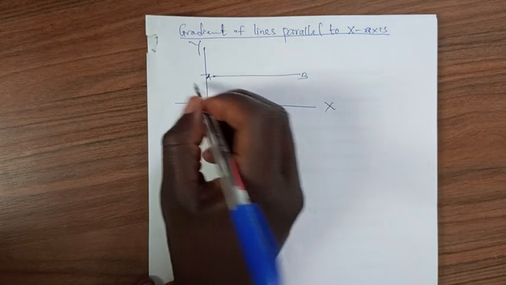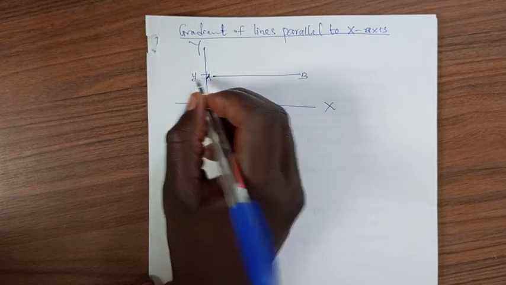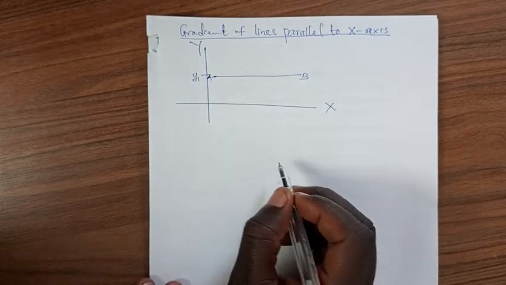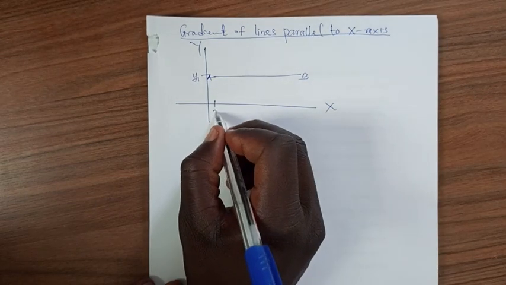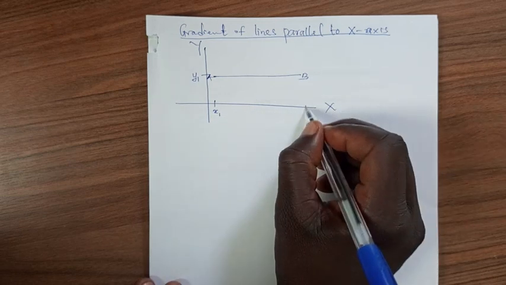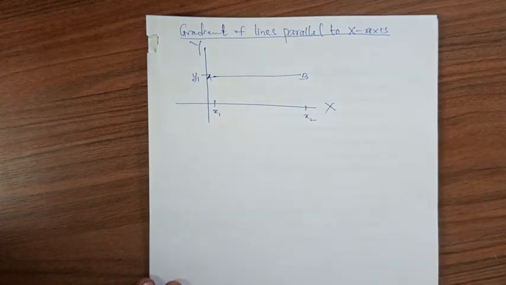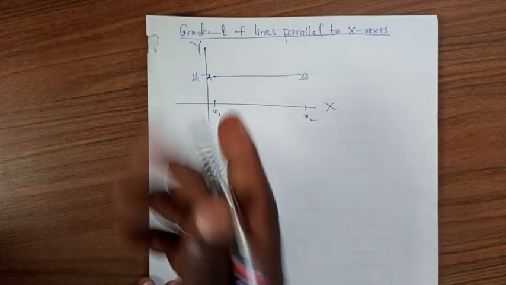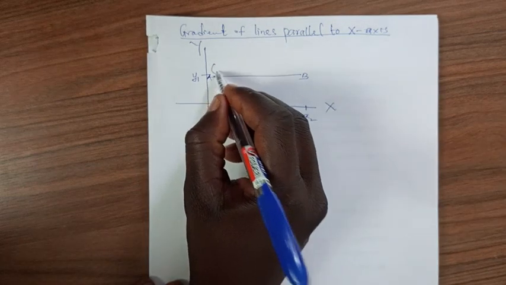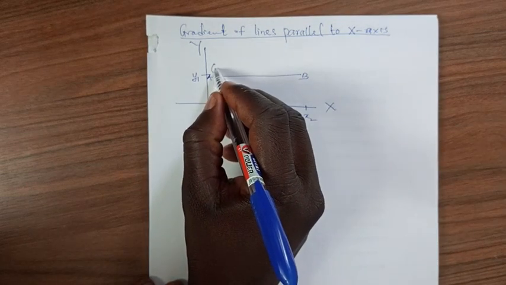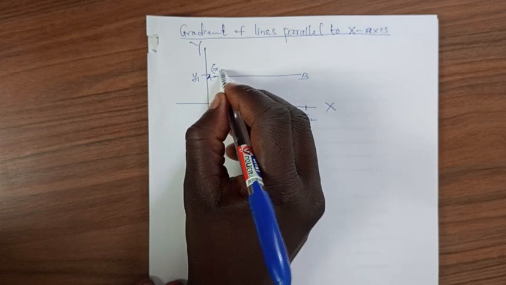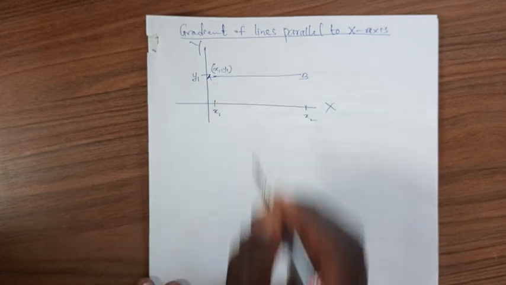This is a point y, let's say y1. Here is a point x1, x2, meaning A is a point bearing x1, y1.